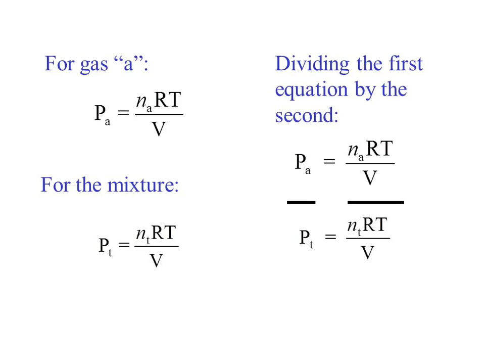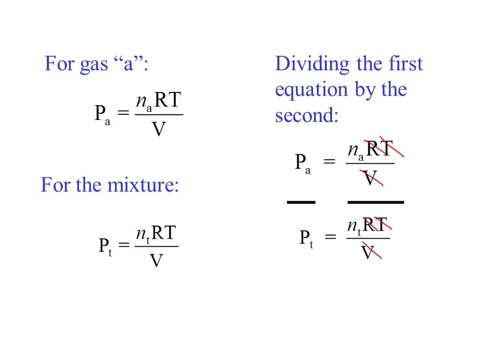and you divide it by this equality, the total pressure, the beauty is, and you're going to see on the next slide, that the temperatures, the volumes, and honestly, the ideal gas law constant all cancel out.